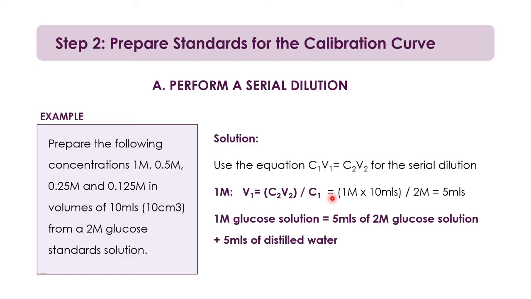If we substitute the values into the equation, V1 is 5 mL. So if you want to prepare the 1 molar glucose solution from the 2 molar glucose standard, we pipette 5 mL of the 2 molar glucose solution and add 5 mL of distilled water to it to prepare this concentration.